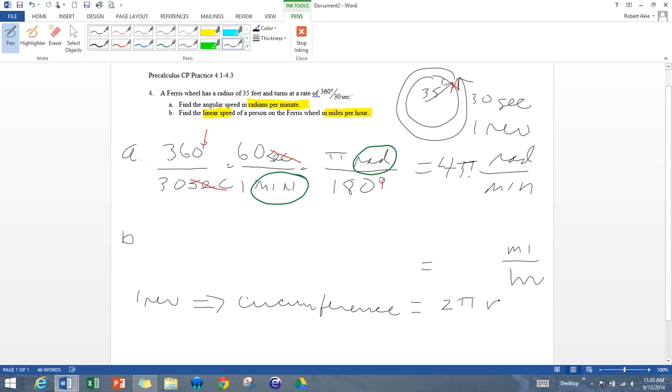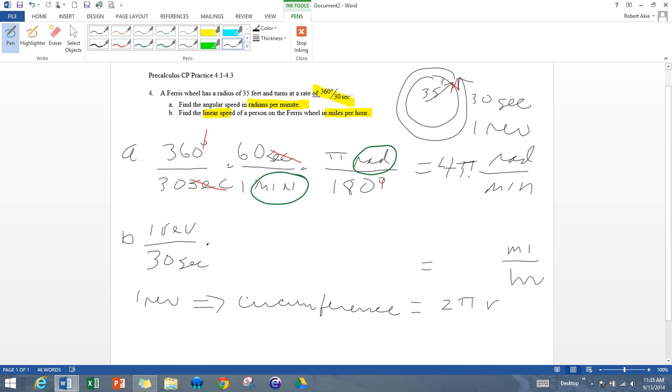So we have one revolution. Again, we need a distance in the miles in the numerator. And we travel that one revolution, and it took us 30 seconds. Because the original given information is we traveled 360 degrees in 30 seconds. 360 degrees corresponds to one revolution.